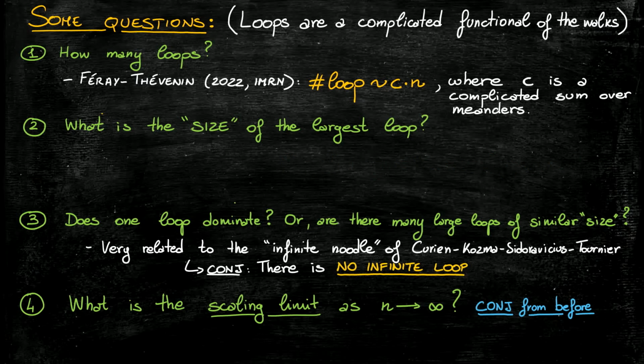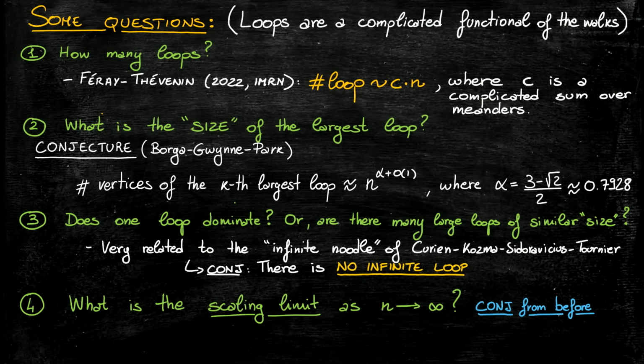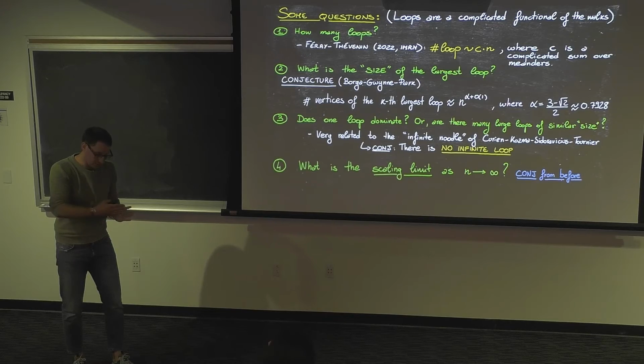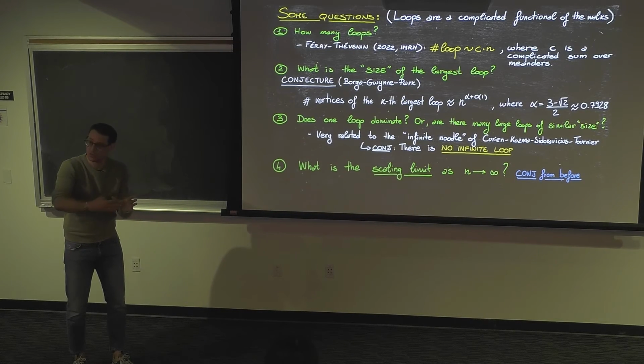Using KPZ, we can replace this conjecture by saying that the exact value should be n to the alpha, and alpha is not 4 over 5, it is (3 minus square root of 2) divided by 2, which is very close to 4 over 5, is 0.792, but we believe that this is the right exponent. And this is coming from measuring the Hausdorff dimension of a CLE loop using the square root of 2 LQG metric.